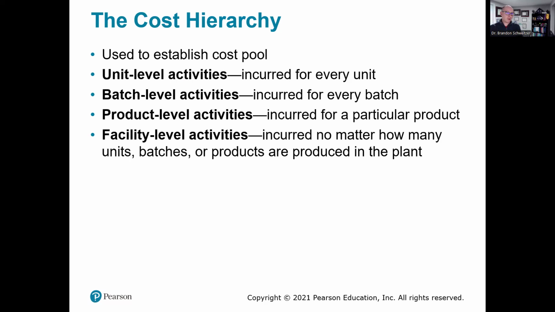So, an example at the batch level includes things like a machine setup. At the unit level, it's the packaging of each unit. At the product level, activities include things like lease payments on the equipment used for the manufacturing of a product.